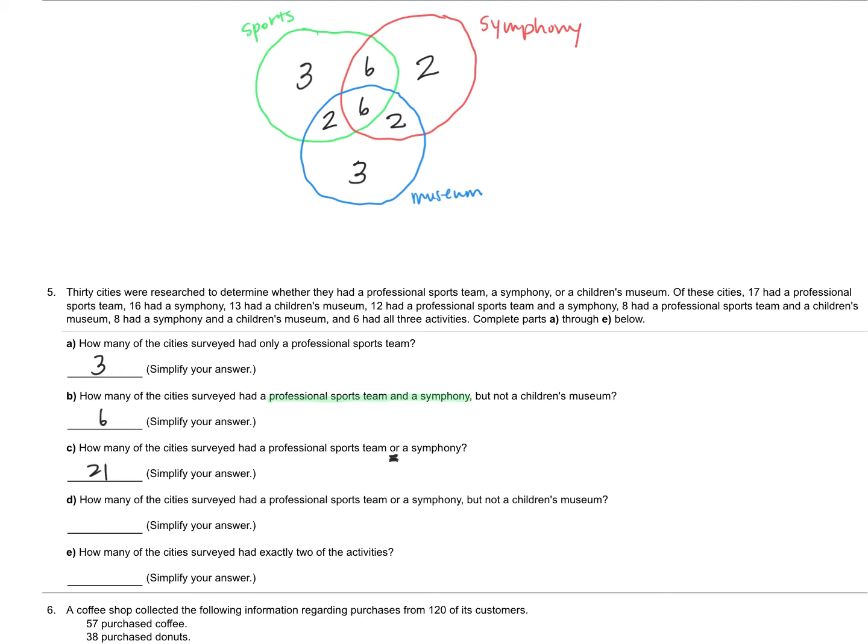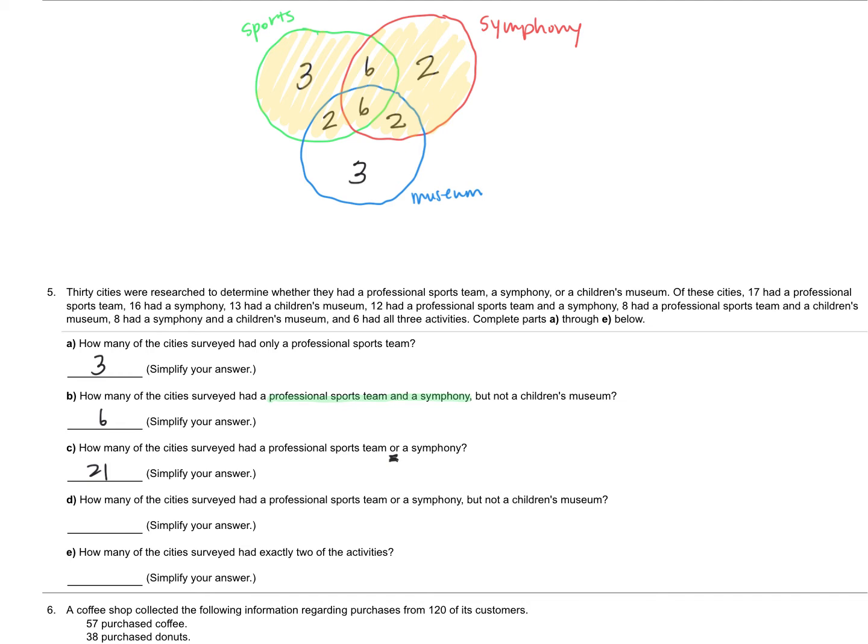Okay, part D. How many of the cities surveyed had a professional sports team or a symphony, but not a children's museum? Okay, so the first part, the professional sports team or a symphony, is what we started with in the last problem. So that's everything that's in the green or the red.